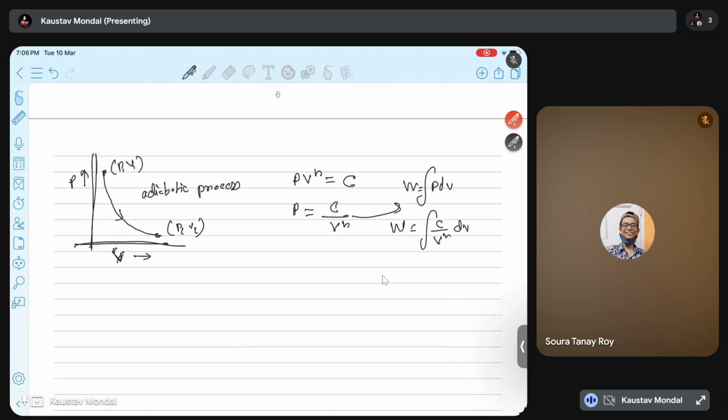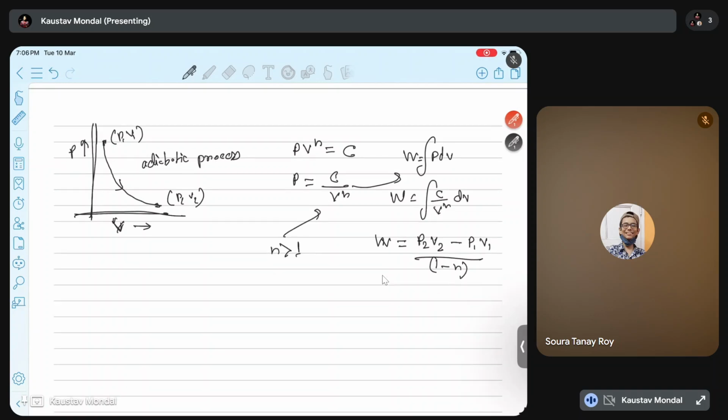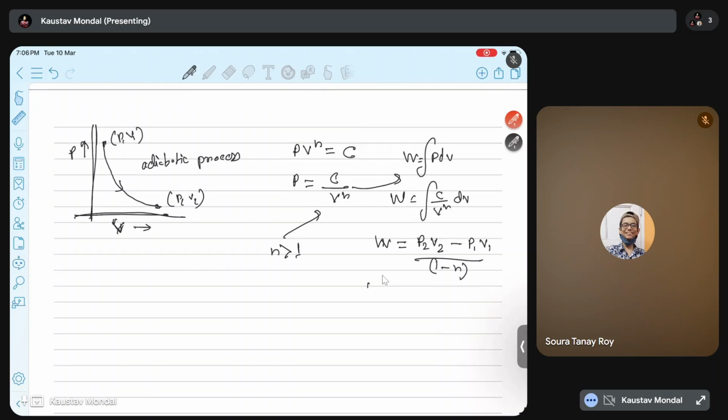If you simplify it further, you can write W as P2 V2 minus P1 V1 divided by 1 minus n, given that n should be greater than 1. In that case only you can use this. There is also another way of writing this work done, which is like this.